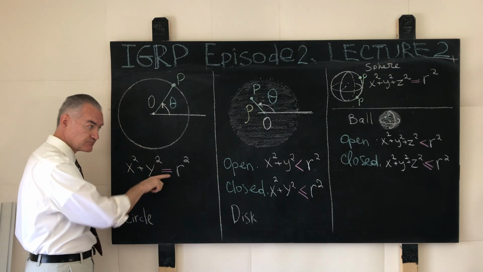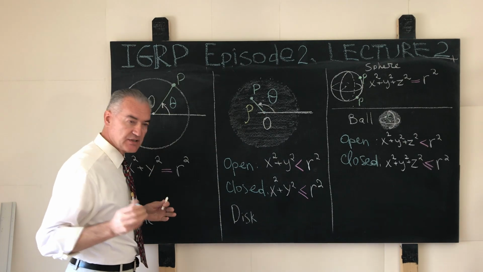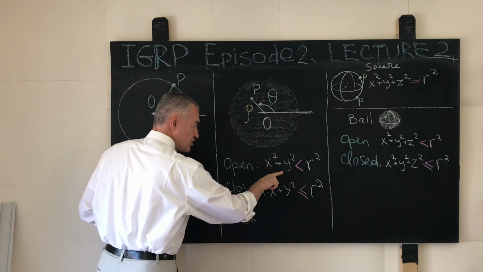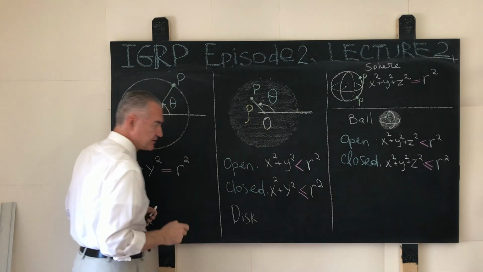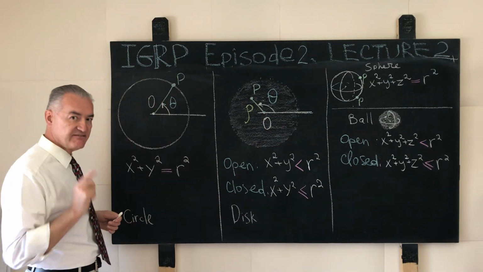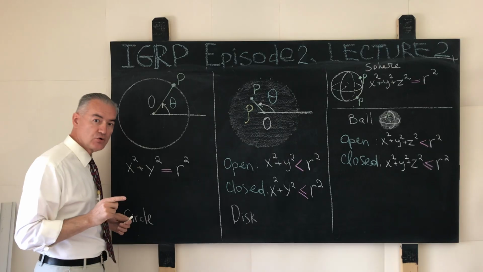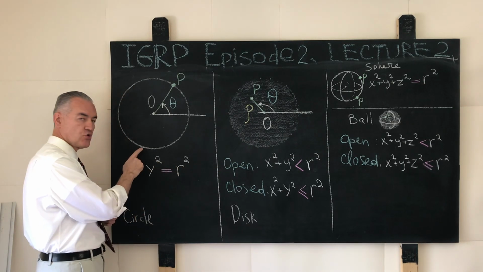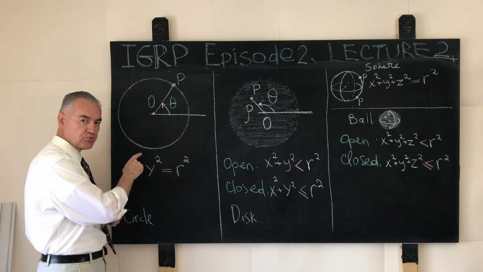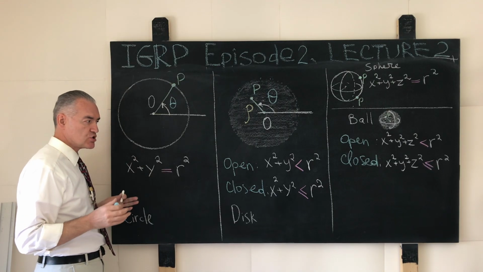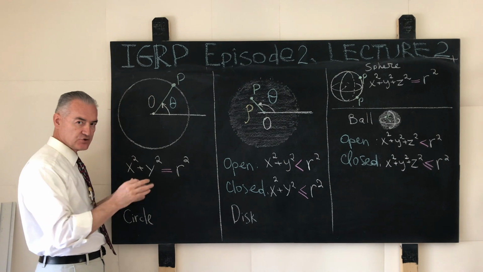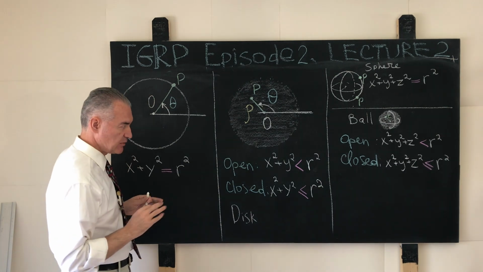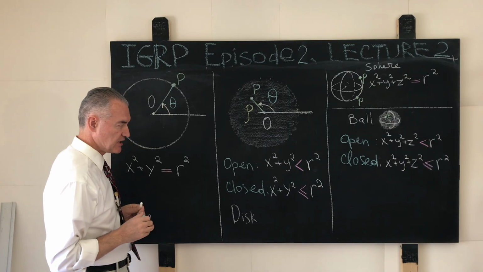But that is the important bit of information here in the analytical representation of an origin-centered circle with an equal sign. Now, here comes another big difference between a circle and a disk. An analytical representation of, let's say, an origin-centered disk already varies depending on a property of a disk that is not available for a circle. And that property can be called the closure, even though the word closure has its own specific and precise rigorous meaning in mathematics, but for the lack of a better word. And what does that mean?